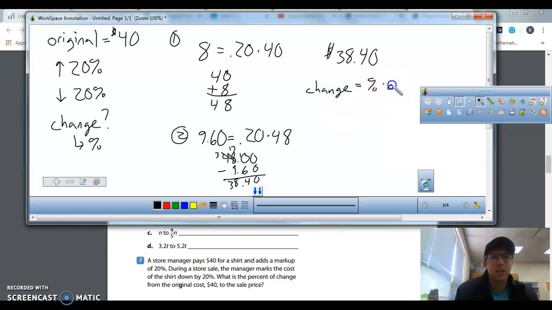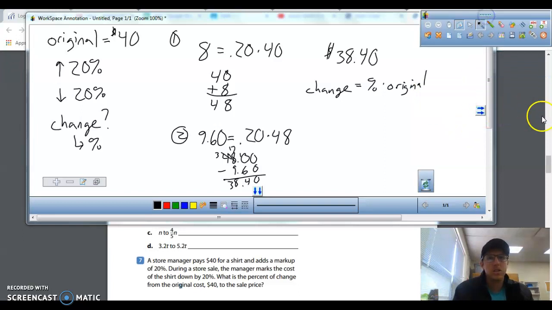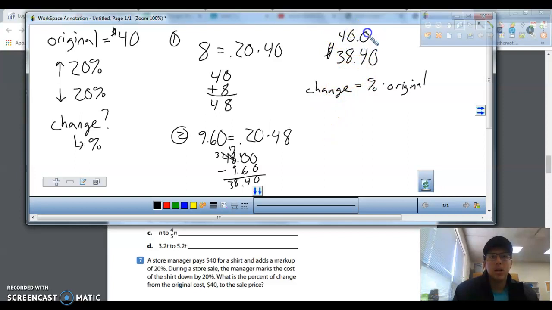The whole amount's the original, so this just says the change is a percent of the original. So how much does it change? Well, we can find that. All we got to do is take the original amount, $40, and take $38.40 away from that, and then you get $1.60. So $1.60 is equal to some percent of the original.